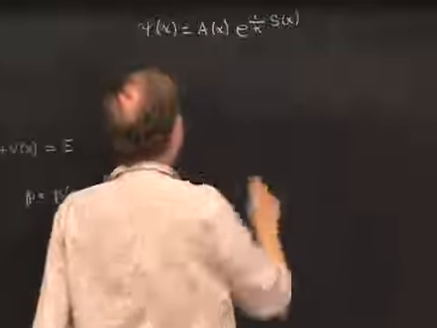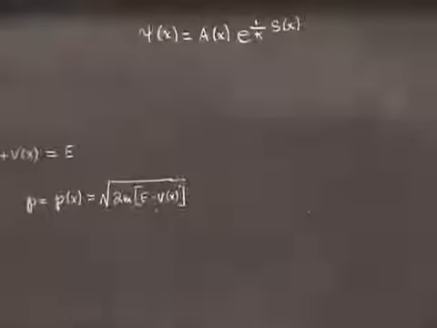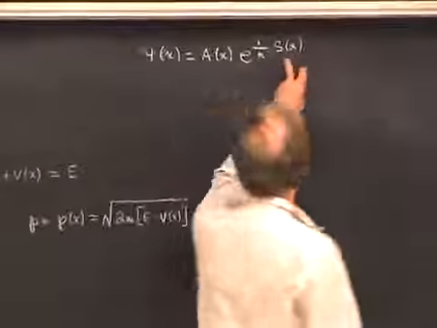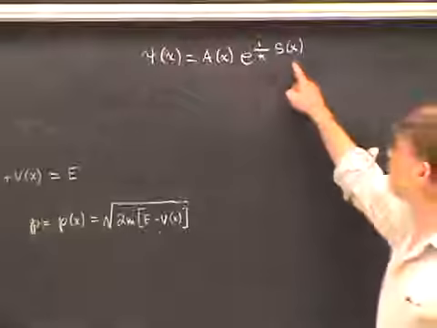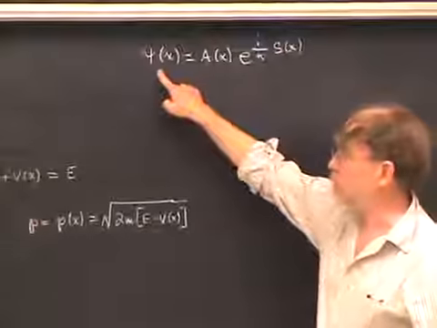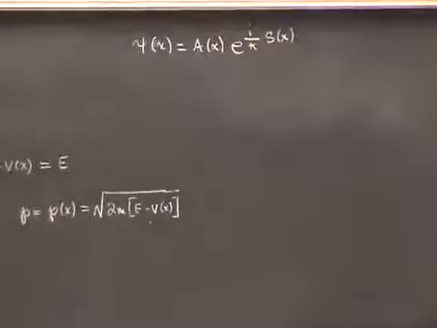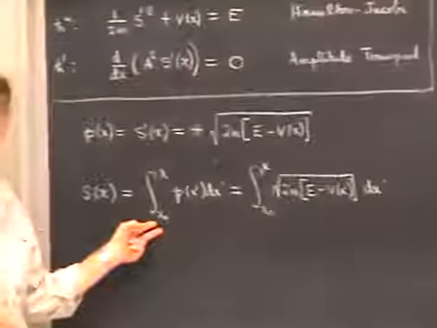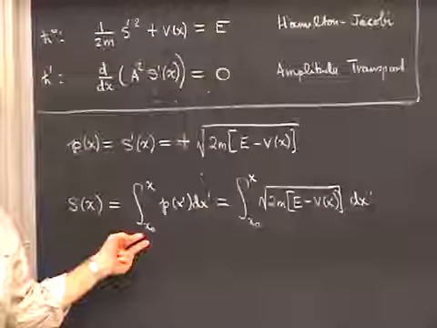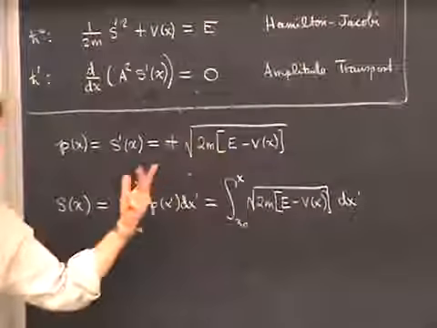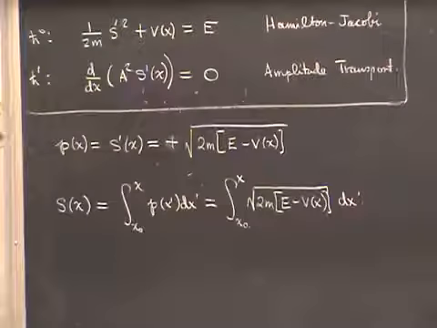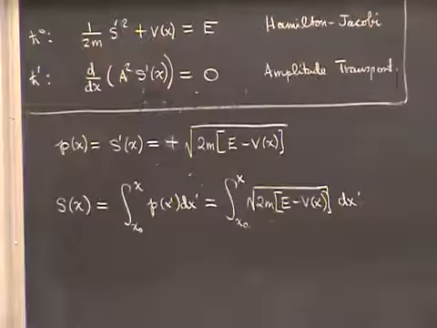If I change S by a constant, actually the phase is S over h bar, you can see it amounts to just changing the phase of the wave function. So this lower limit x0 is related to the phase convention for the solution. Let's worry about phase conventions later, so we can set this x0 to anything that's convenient. Anyway, that's just the meaning of that lower limit.